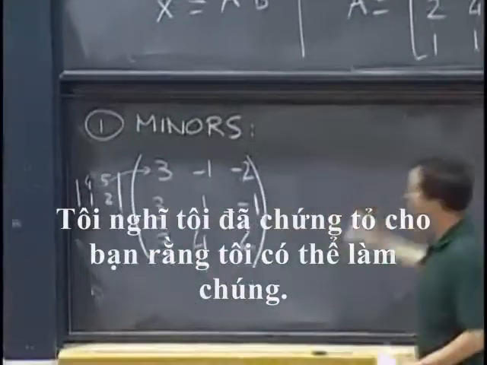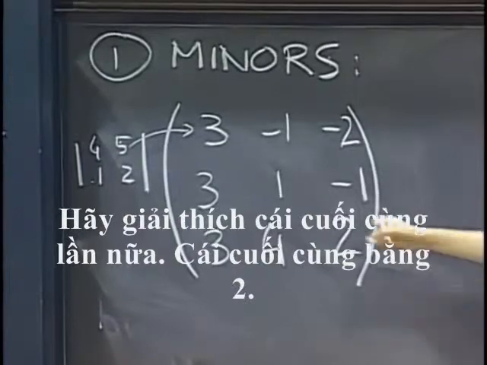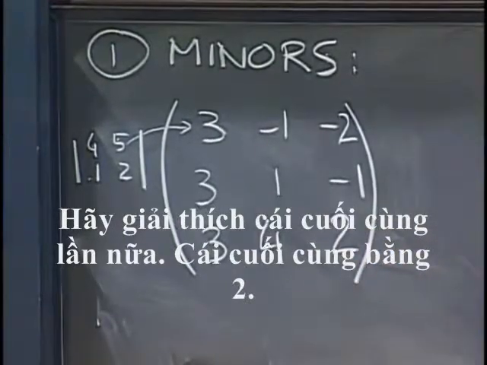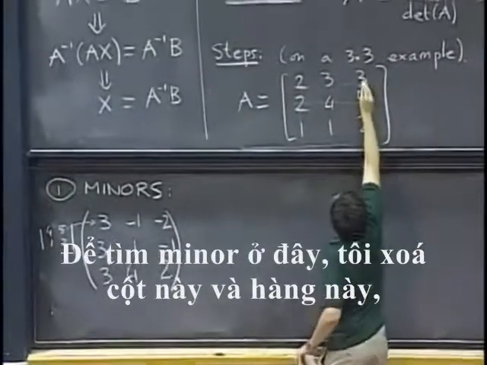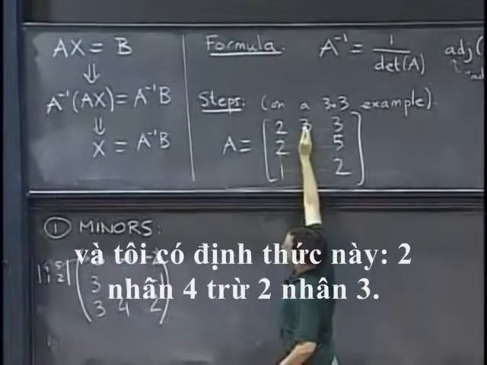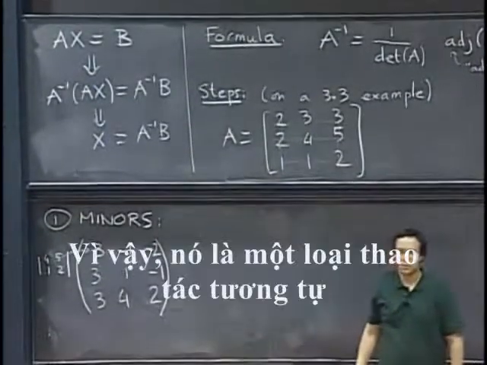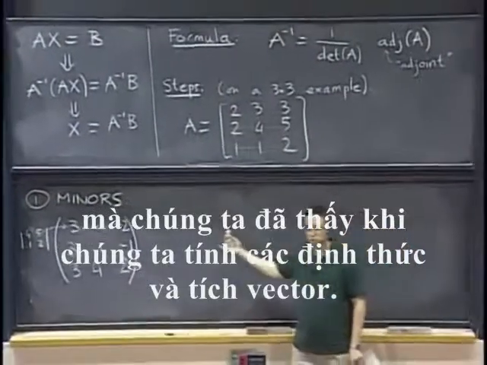I think I've shown you that I can do them. Let's just explain the last one again. To find the minor here, I delete this column and this row, and I take this determinant, 2 times 4 minus 2 times 3. It's the same kind of manipulation that we've seen when we've taken determinants and cross products.